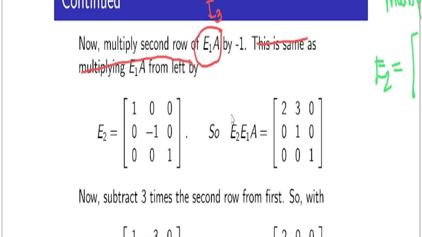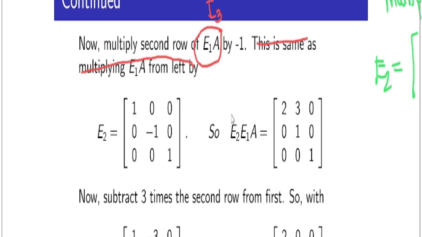The matrix E1 into A is 2 3 0, 0 minus 1 0, 0 0 1.